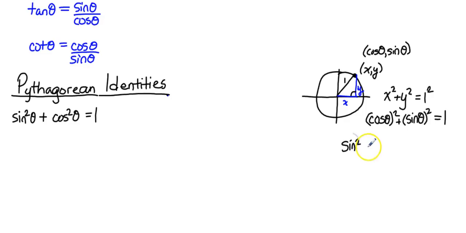We're going to come back over here to our workspace. Sine squared of theta plus cosine squared of theta equals 1 is what we're starting with. Remember, I can do anything I want to this equation as long as I do it to all terms. So let's see what happens when we divide by sine squared of theta.